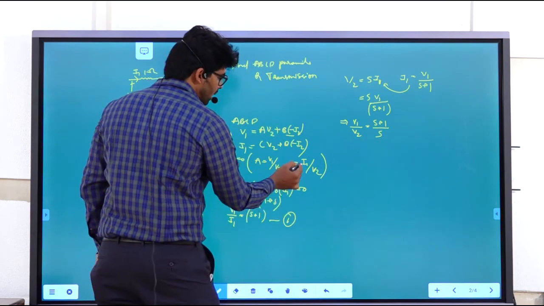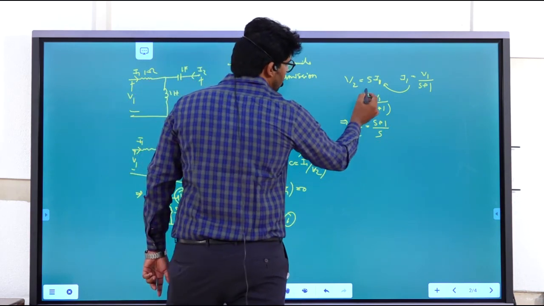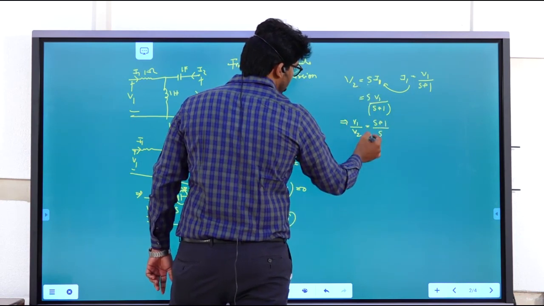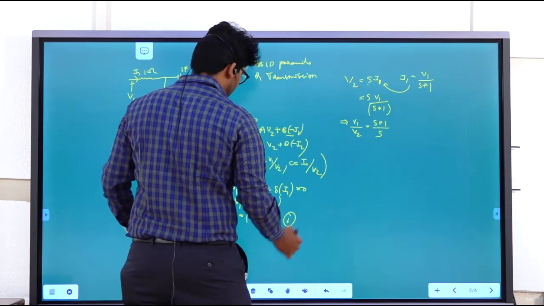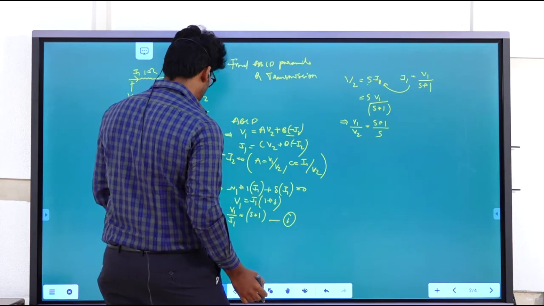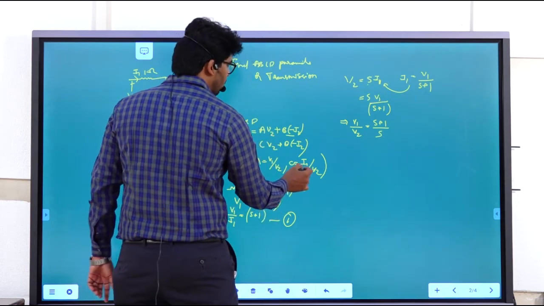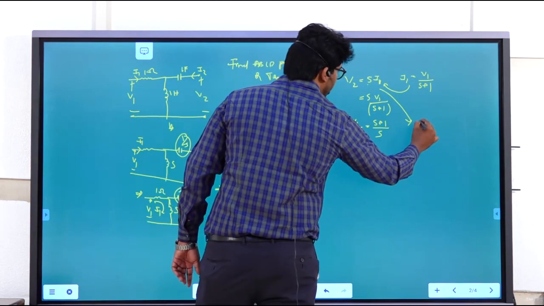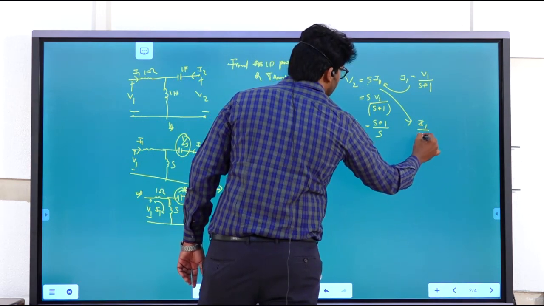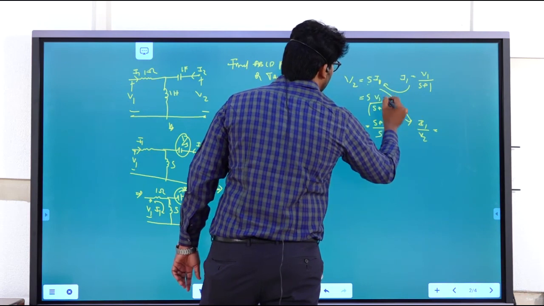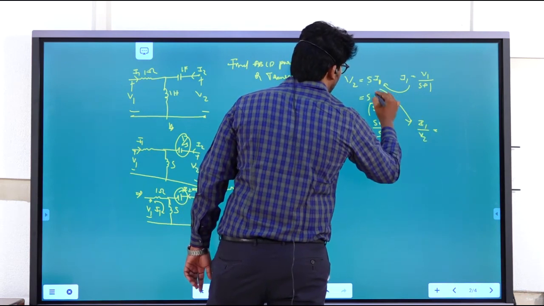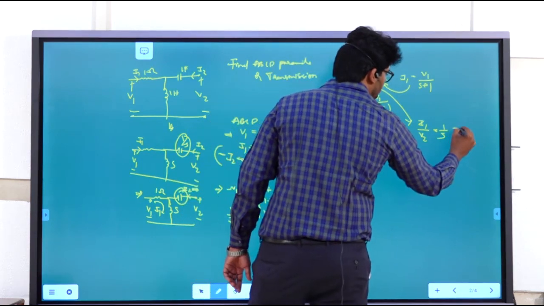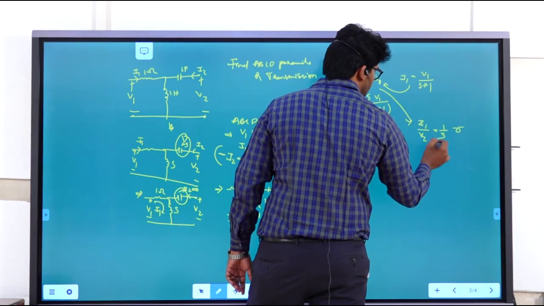And again, what is I1 by V2? So I1 by V2, from this equation, we have I1 by V2 equal to 1 by S. Okay, this is the admittance value, that is the mho value.